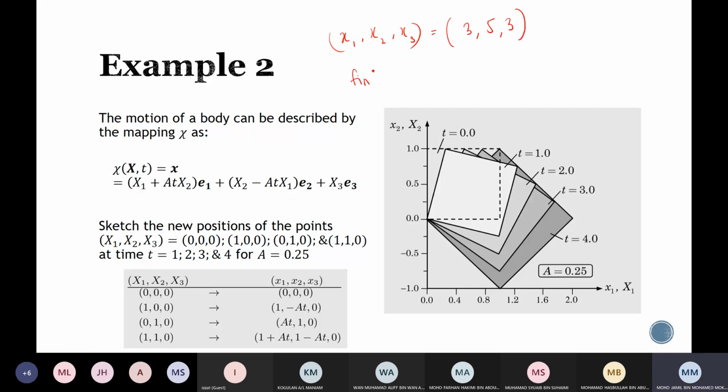Find X1, X2, and X3. What you can do is invert the mapping, or solve the equations simultaneously to get X1, X2, and X3. Questions like this do appear in the test, so try to understand the concept of inverting the mapping.